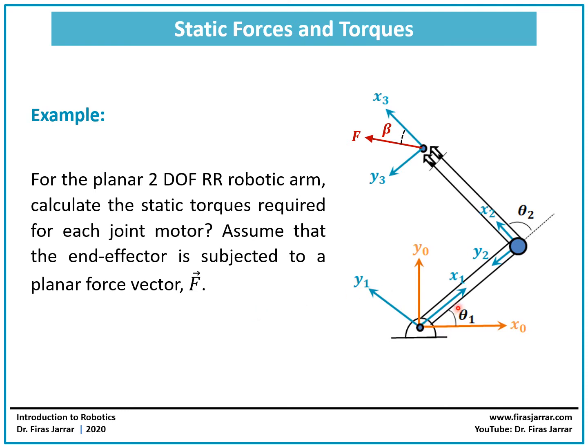We will supposedly have one motor here and another servo motor, and we want to know the magnitude of the torque required to keep each of these two links in static equilibrium, and assume that the end effector is subjected to a planar force vector F. This force vector has only components in x and y and no component in the z axis. So this is the external force F, and this is beta, the angle it makes with x3.